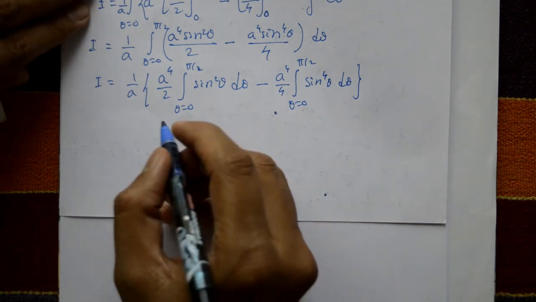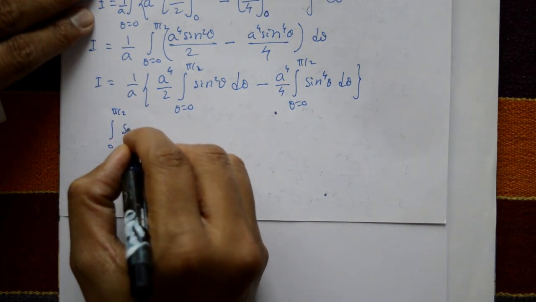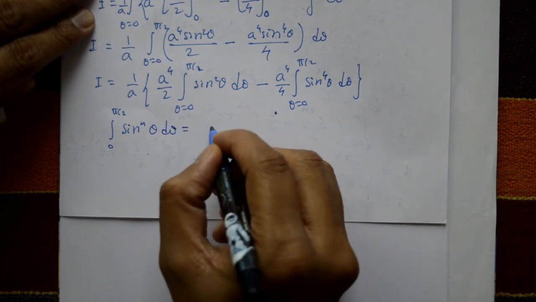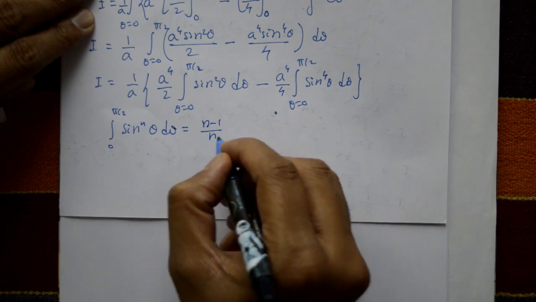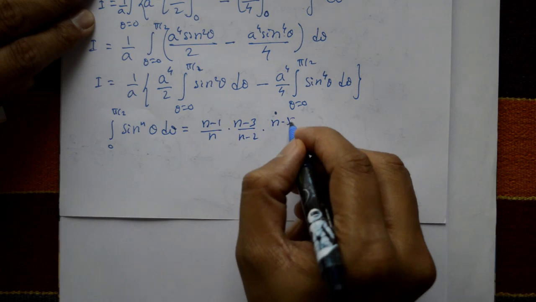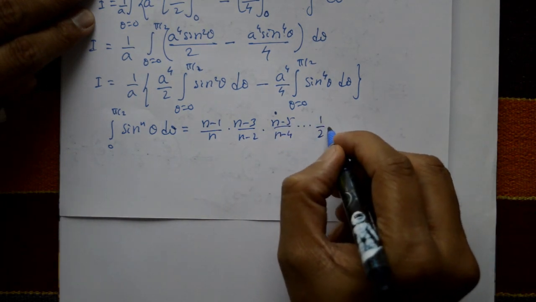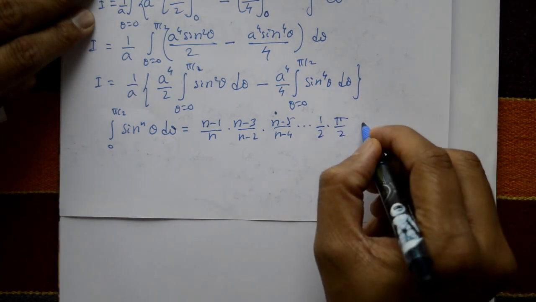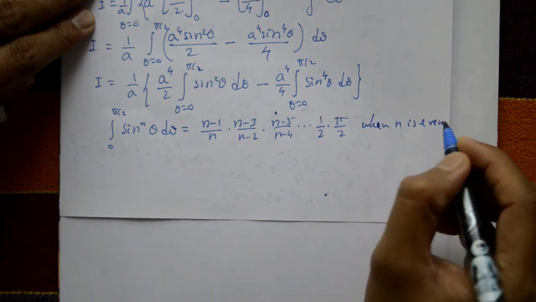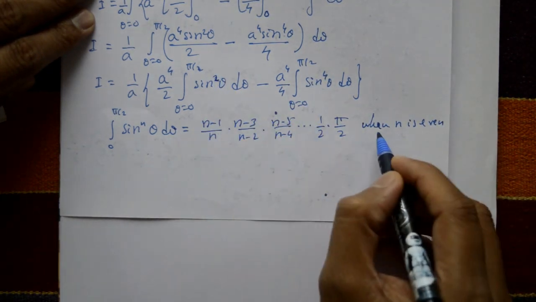Okay, you know the reduction formula: integration of 0 to pi by 2 of sin raised to n theta d theta is equal to (n minus 1) by n, into (n minus 3) by (n minus 2), into (n minus 5) by (n minus 4), and so on, into 1 by 2 into pi by 2, when n is even. See, this n is 4, even, and n is 2, even, using this formula.